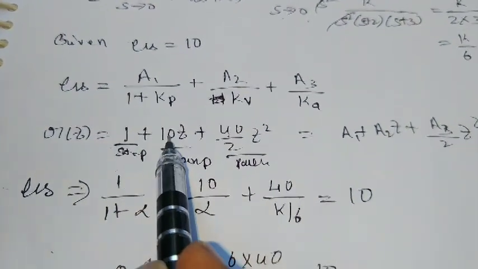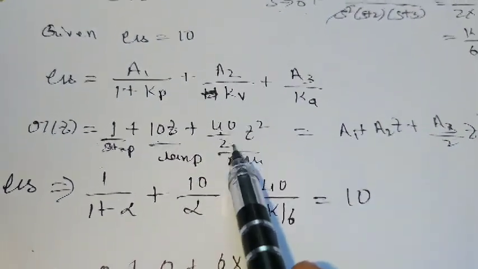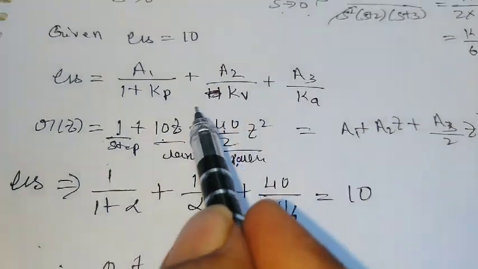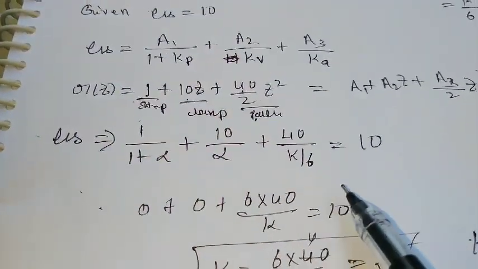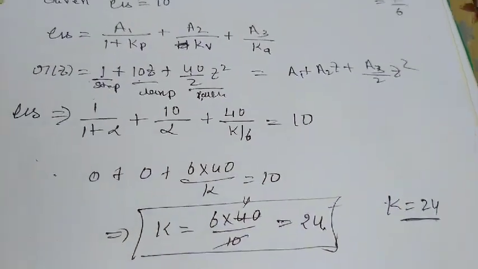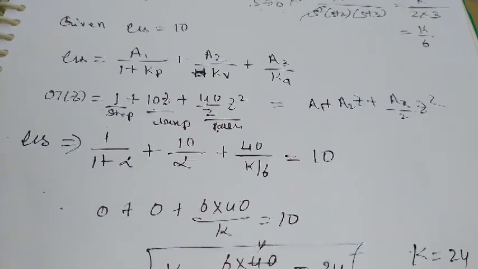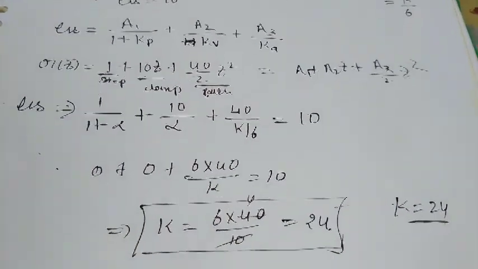For ramp input, a of t you will have. For parabolic, a of t square by 2 it will be. Accordingly you have to substitute in the formula and get the K value. So these are the problems on steady state error which were important and asked in previous question papers. Thank you.